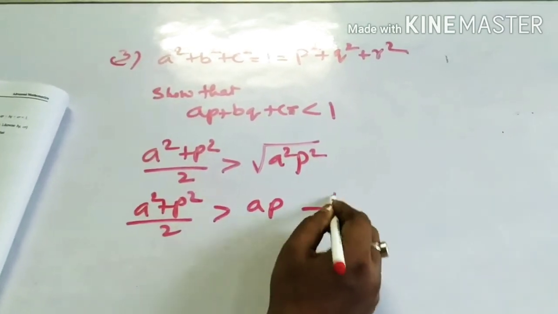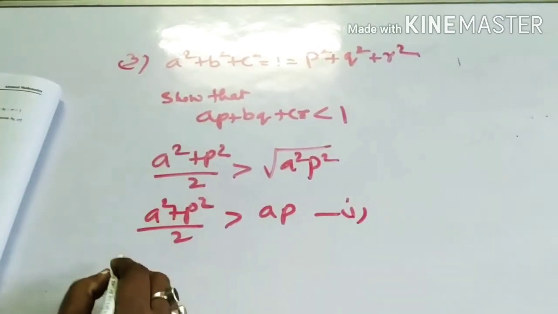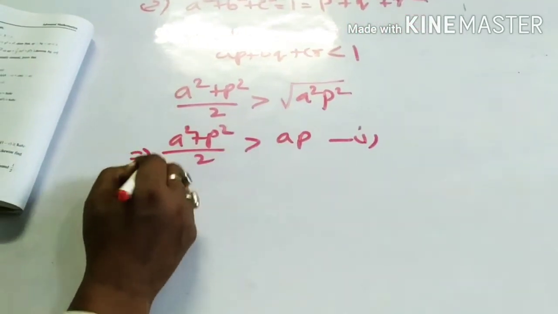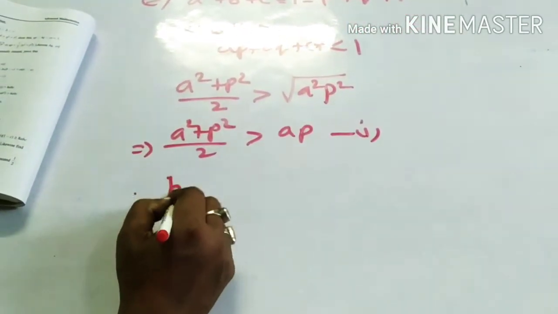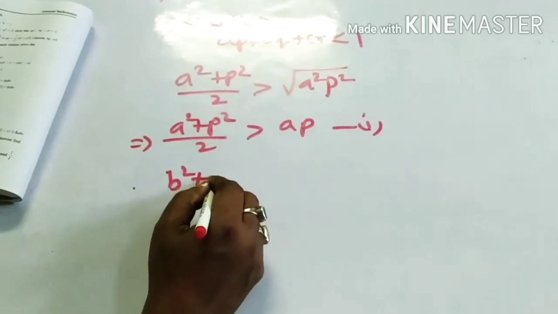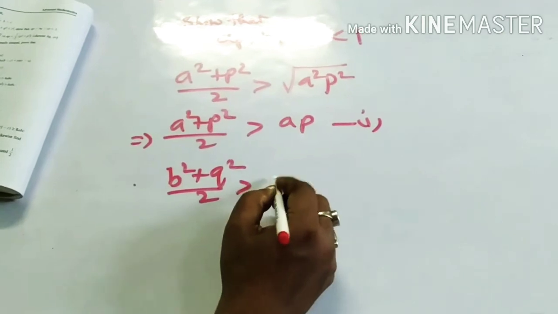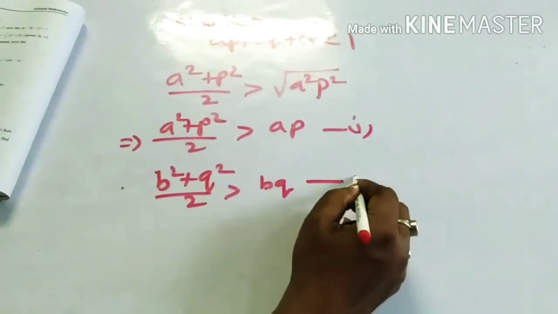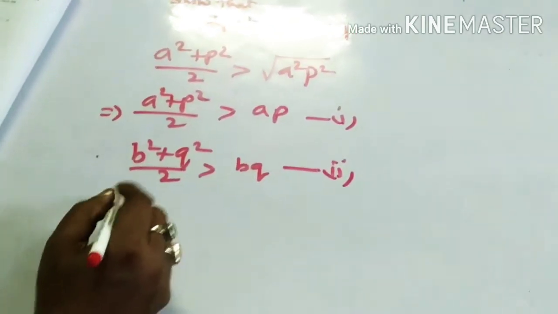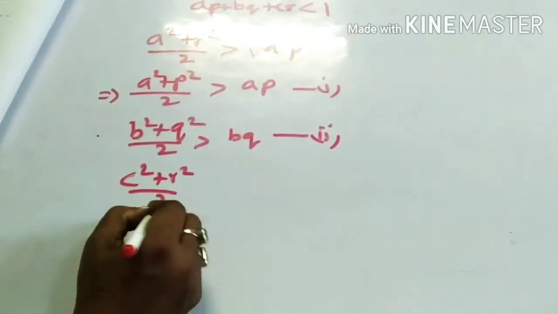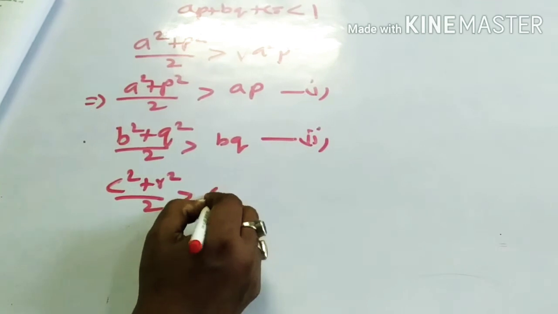This is equation 1. Similarly, I can write B square plus Q square by 2 greater than BQ. This is equation 2. Similarly, C square plus R square by 2 greater than CR.